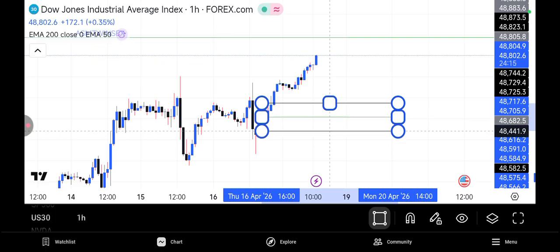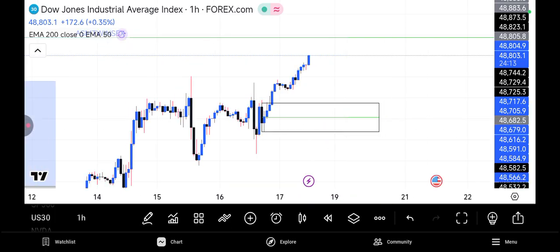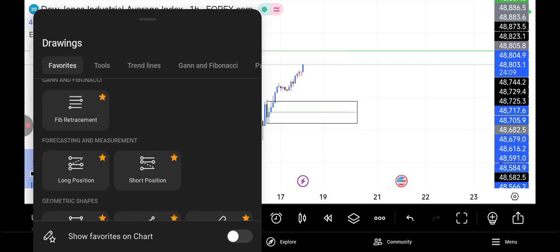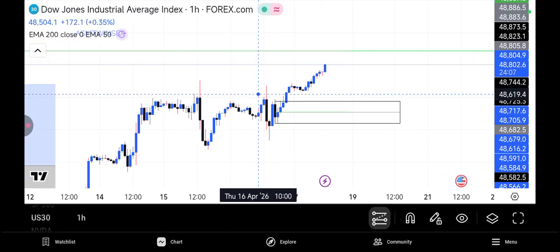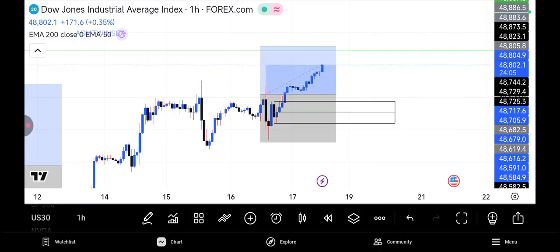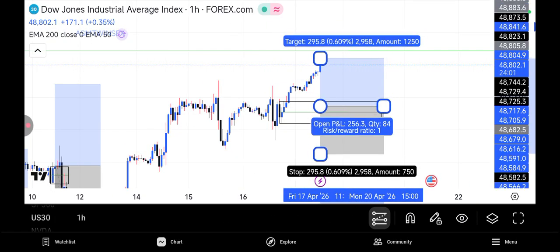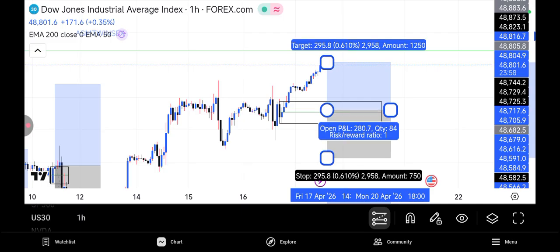This is where we're waiting for price to come to before we take any buy for US 30. Remember, we are buying. This is not the setup, this is the setup right here. So we have to wait for price.